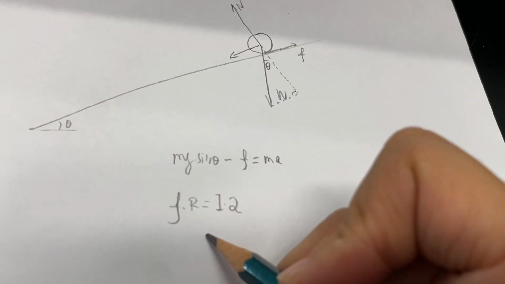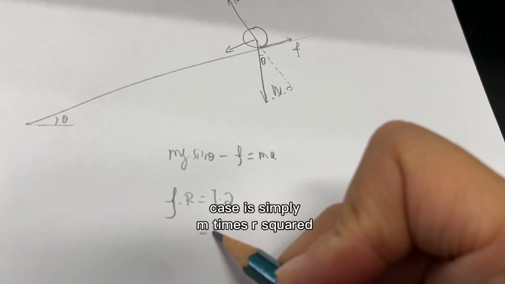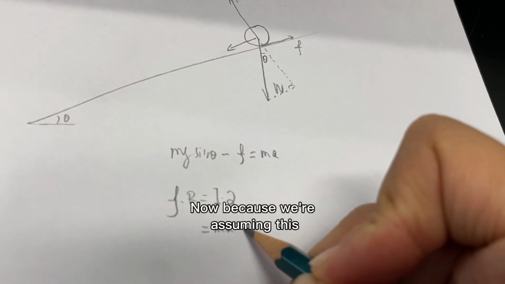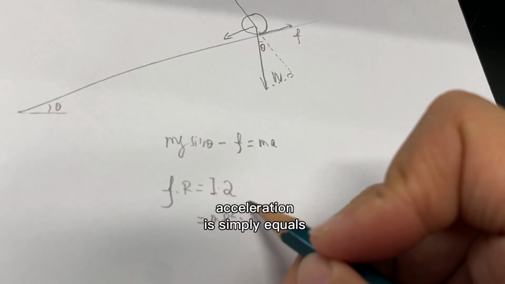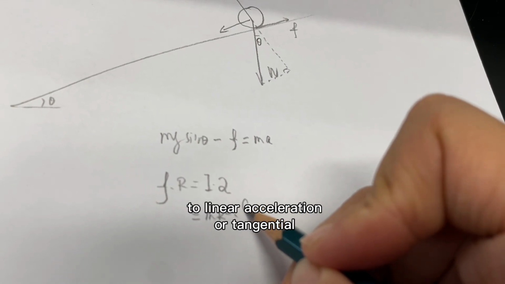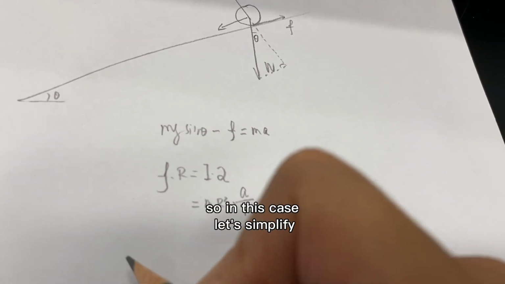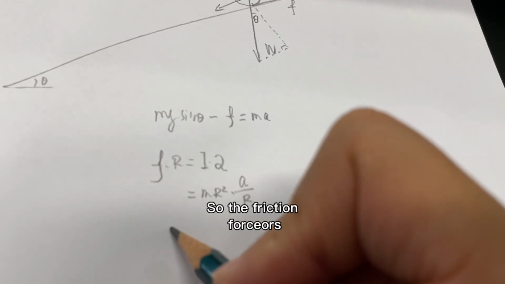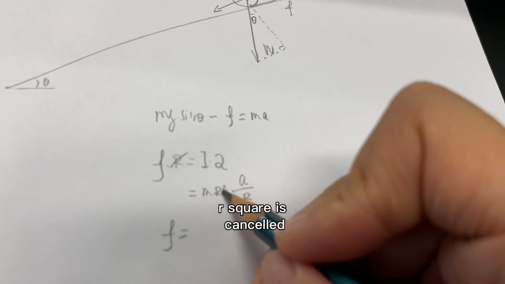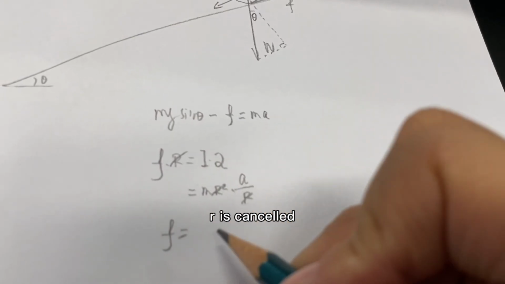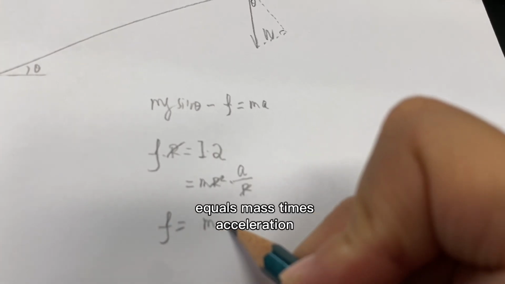Therefore, the moment of inertia in this case is simply m times r squared. Now, because we're assuming rolling without slipping, the angular acceleration alpha should simply equal the linear, or tangential, acceleration divided by the radius. Let's simplify. You can see that r squared and r are cancelled, and I get the friction force equals mass times acceleration.